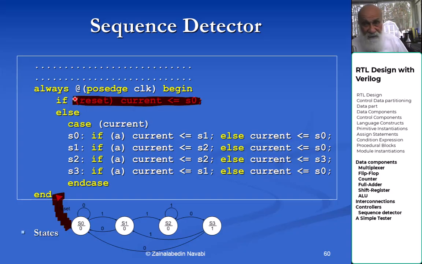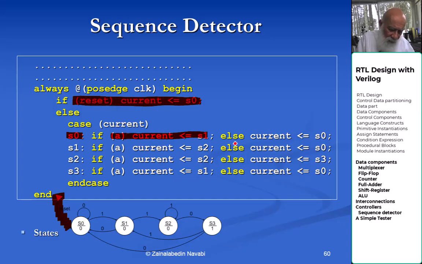If reset is 1, current state becomes S0. If not, then look at the current state. If the current state is S0, then if A is 1, your current state becomes S1. Otherwise, your current state becomes S0.